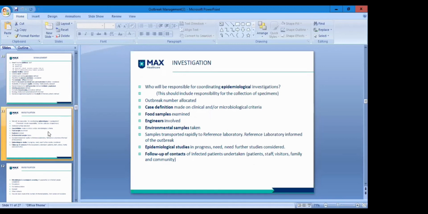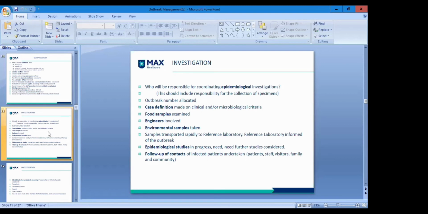What was the age? Was any procedure done? And then we also see what the environment was in which this happened. So we collect appropriate samples accordingly, and this is usually the responsibility of the infection control doctor, who will define what epidemiological investigations need to be taken in that case.